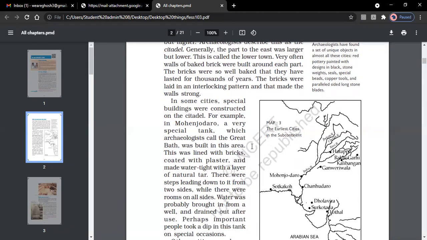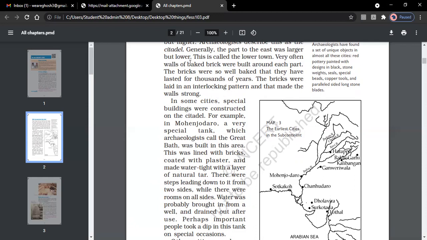Sorry, one question I missed. You can see the lines: the bricks laid down to make the wall strong. The bricks were laid in an interlocking pattern and that made the wall strong. So this is the question: how were the bricks laid down?